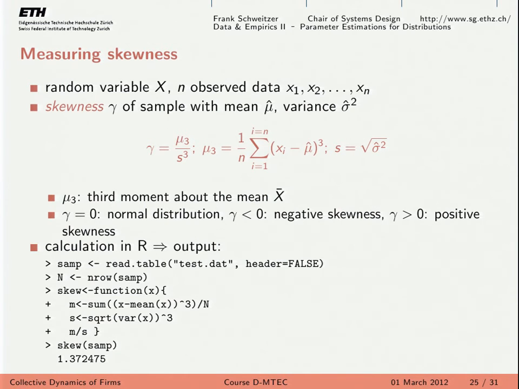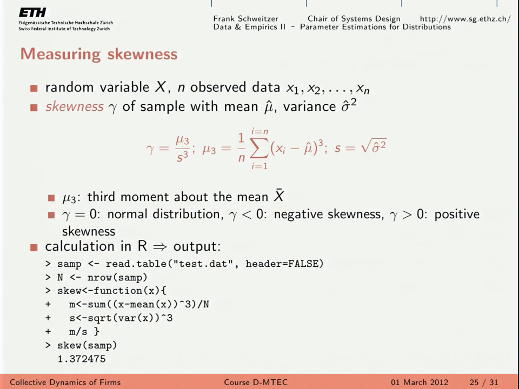So in order to get this, remember that we have our observed data from 1 to n. And we can calculate a skewness parameter, which we call gamma here, from the sample by having this observed mean value and the observed variance in this way.